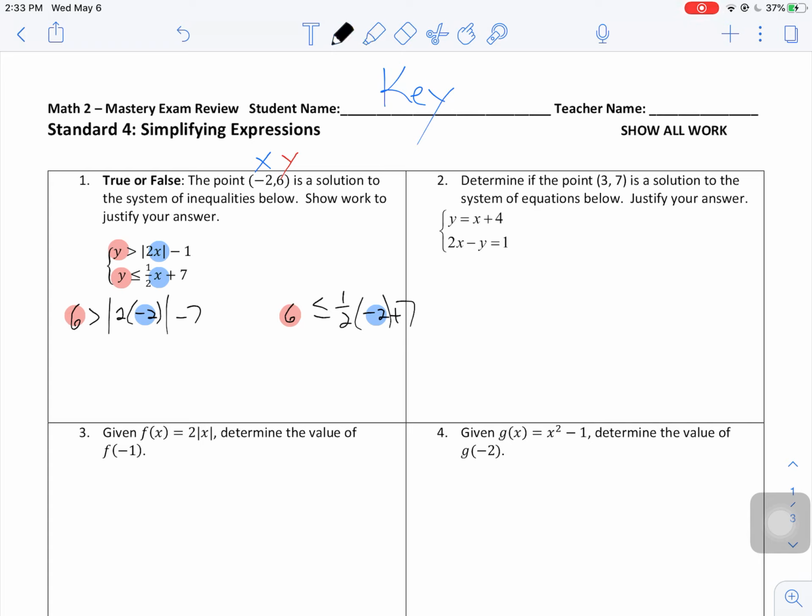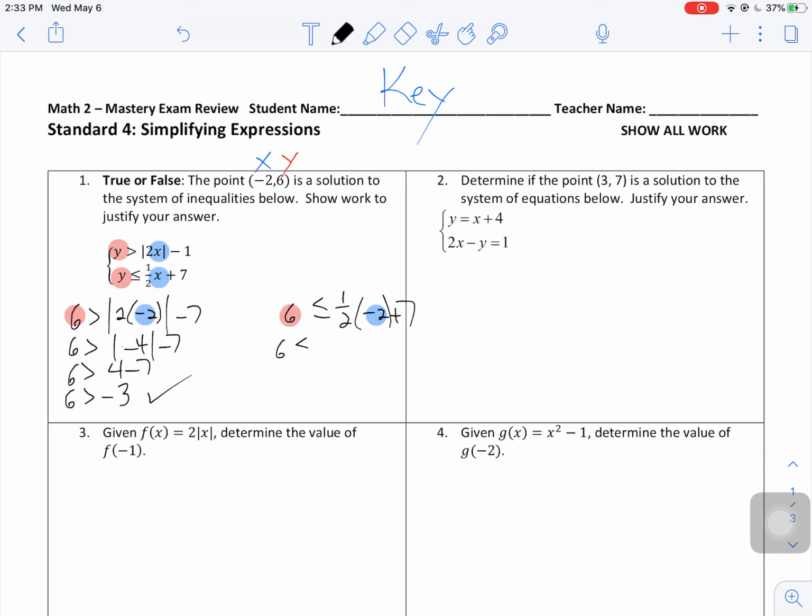From here, we're just going to want to simplify both inequalities. So on the right side, the absolute value of -4 minus 7, and then the absolute value of -4 is 4. 4 minus 7 is -3. So is 6 greater than -3? Yes, it is. So that works out.